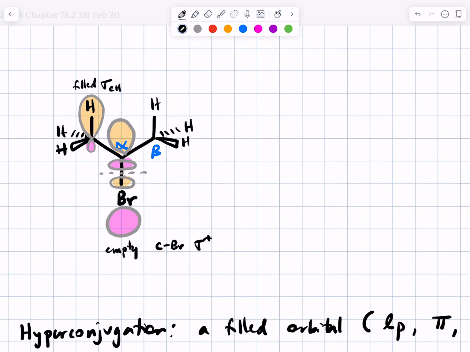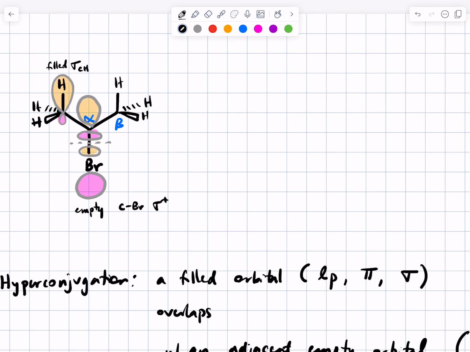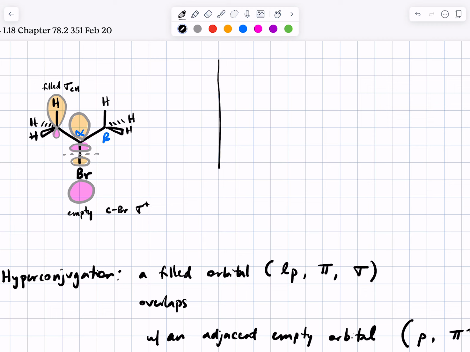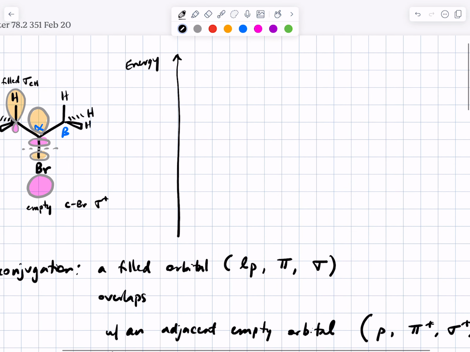Now, the idea of a filled orbital and an empty orbital on adjacent atoms spreading out into each other is unusual, but it is something that can occur. If you remember our energy diagrams, when we were thinking about orbitals and how far apart they are in energy, if around here is where you would expect a non-bonding atomic orbital to be, a sigma bonding orbital would be quite low in energy.